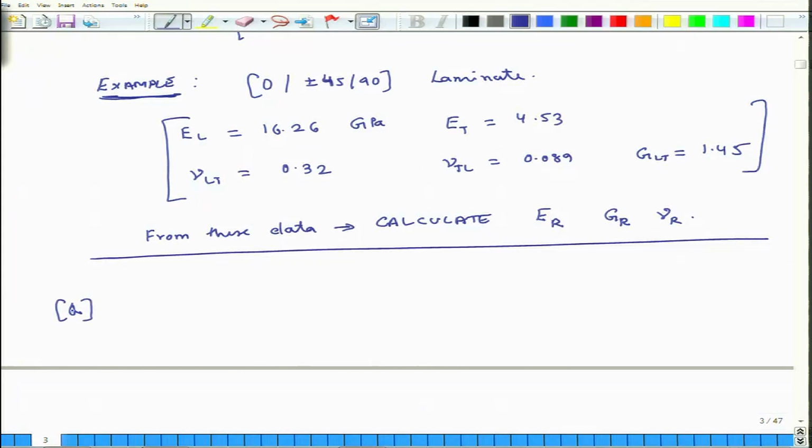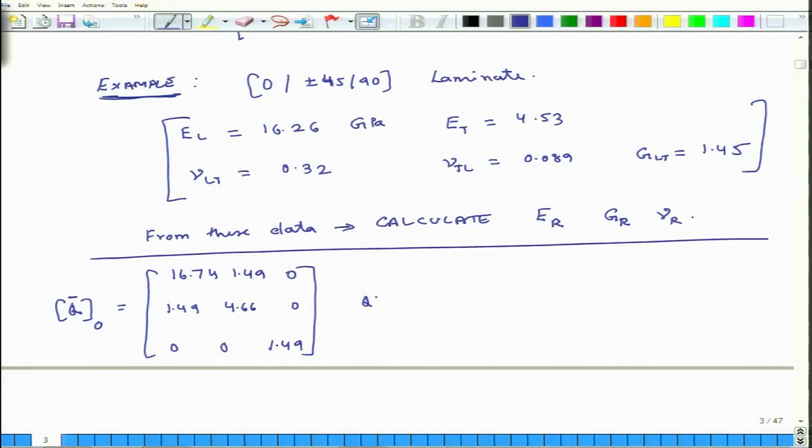Based on whatever we have learned so far, Q bar for a 0 degree ply, and I am not going to show all the calculations, I am just directly going to share the numbers, is 16.74, 1.49 and 0, 1.49, 4.66, 0, 0, 0, 1.49. So, this is Q bar.